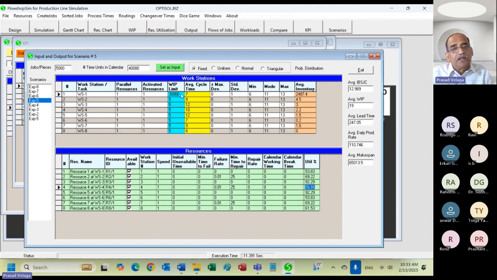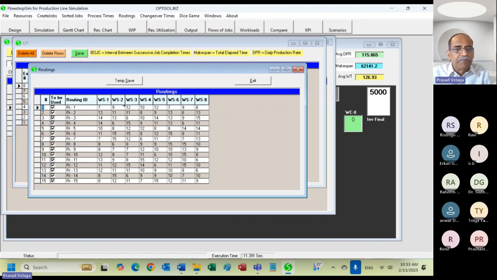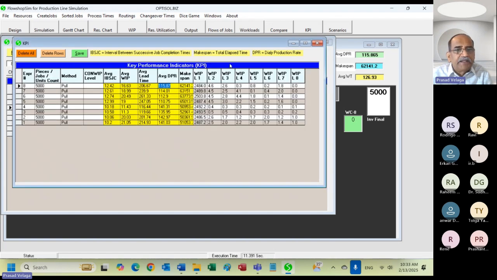Because this is basically an academic tool, I'm considering only 15 different products. So you could consider production of up to 15 products, and simulate them.